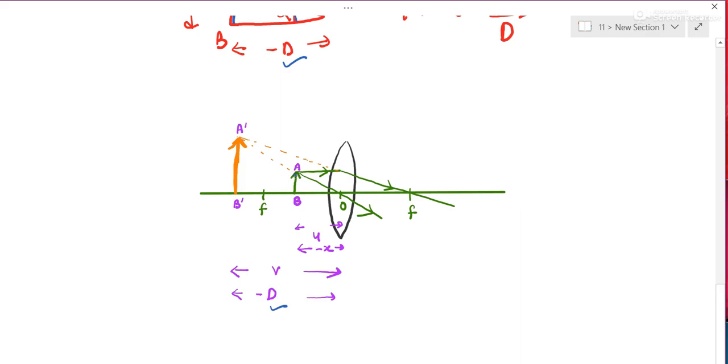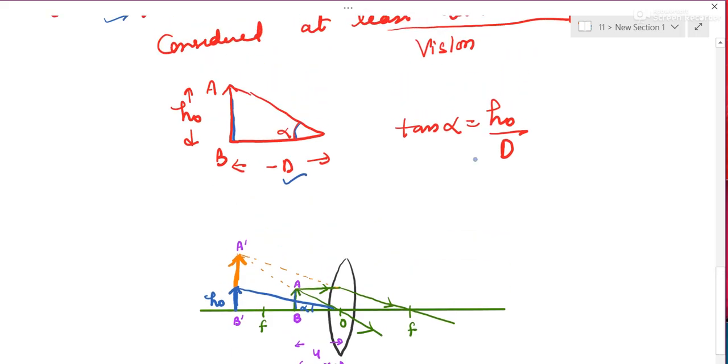So here you will cut a height equal to the object. This is the object at the least distance and the angle formed at the eye. So this is alpha. Again, it is the perpendicular, which is the height of the object, by base. I would suggest you to draw separately as well, but keep in mind that for tangent alpha we have the perpendicular by base.